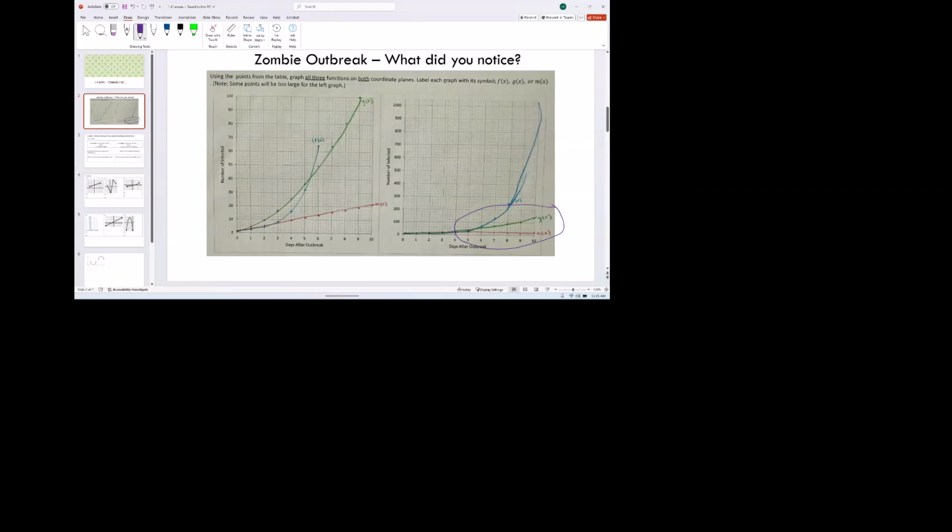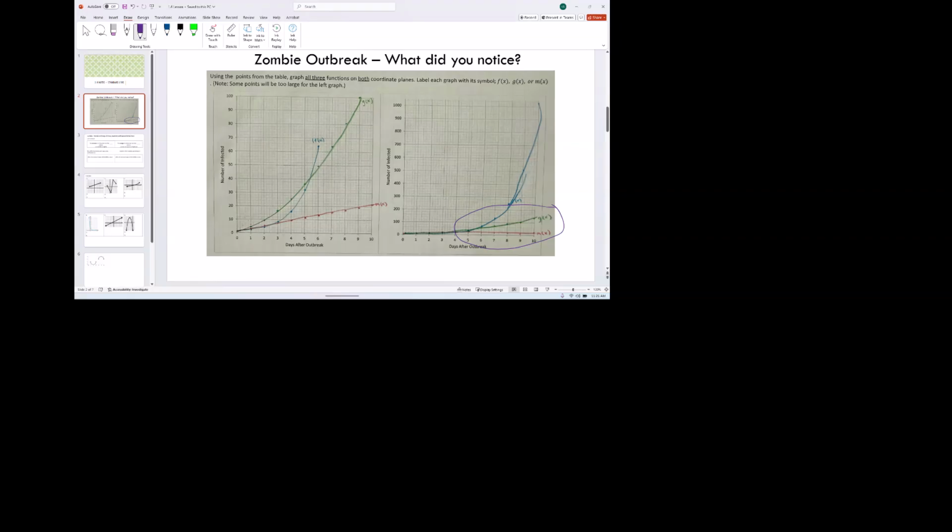really quickly, okay? All right, so this unit, we have been talking about 3 different things. What are the 3 different types of functions we've learned? Exponential, quadratic, and linear, right?